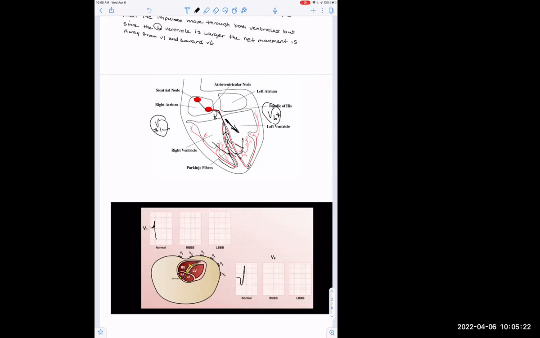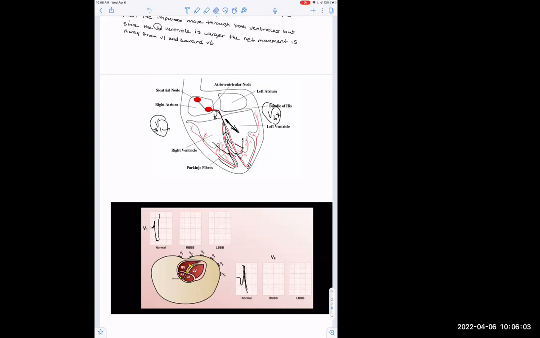And then finally, we have our ending of a negative deflection as the impulse travels from the right to the left and wraps around the backside of the heart. Moving away from V6, we'll see a negative deflection in V6 and a positive deflection in V1. So I'm going to clean this up a bit.